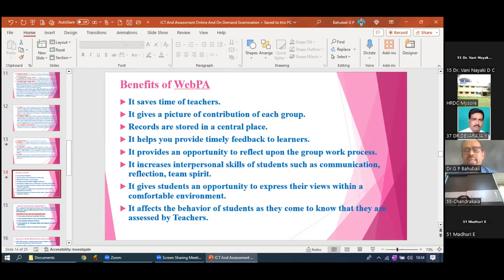It provides an opportunity to reflect upon the group work. It gives students an opportunity to express their views in a comfortable environment. And it affects the behavior of the students as they come to know that they are being assessed by the teacher. So these are the major benefits we can gain through the use of WebPA.